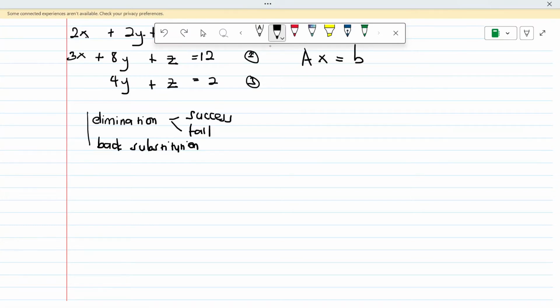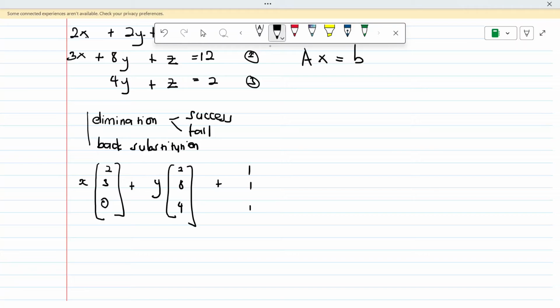As a matrix vector multiplication, this would look something like this. We have the first x, that 2, the 3. And since we have no x's here, we'll replace it with a 0. Plus the y's, that's a 2, 8, and 4. And then we have our z's, which is 1, 1, 1.